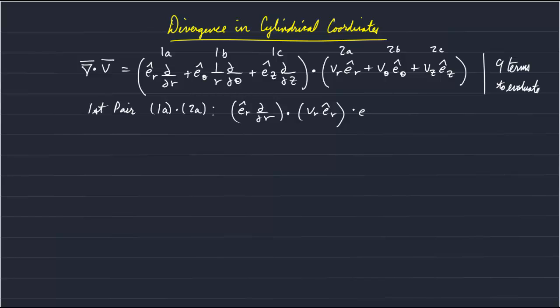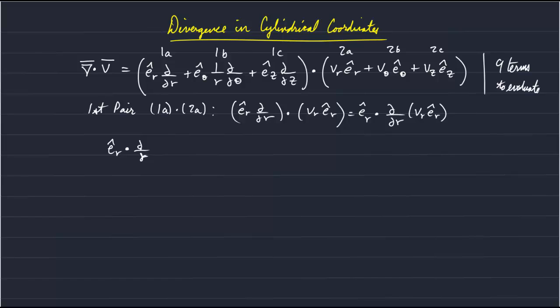So we have e hat r dotted with the partial derivative of vr e hat r. Now we have to remember that in general, some of the base vectors e hat r, e hat theta, e hat z change with r and theta. So we have to evaluate the partial derivatives of both terms here in general.